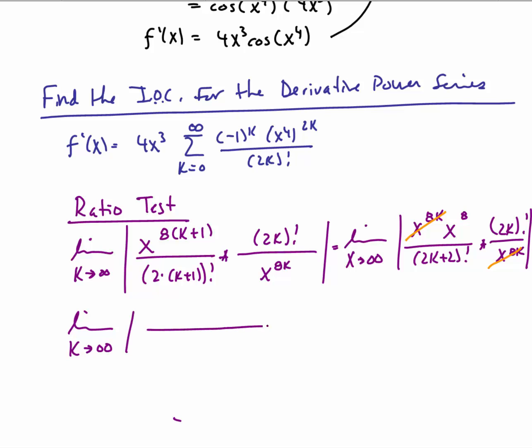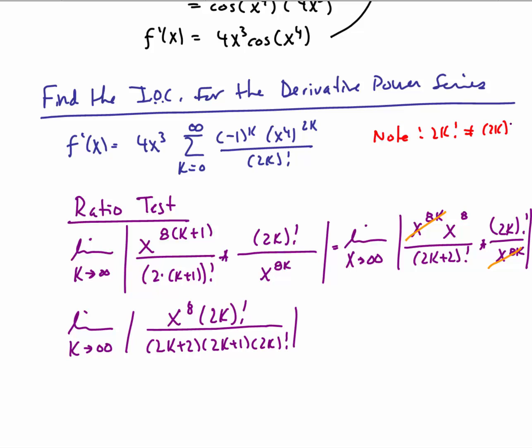And then I have the absolute value, and I have x to the 8th, 2k quantity factorial, and then in the denominator I have a 2k plus 2, which would simplify to 2k plus 2, 2k plus 1, 2k quantity factorial. Now just as a quick note, 2k factorial does not equal quantity 2k factorial, so make sure you have those parentheses in there because that definitely has a lot of meaning here.